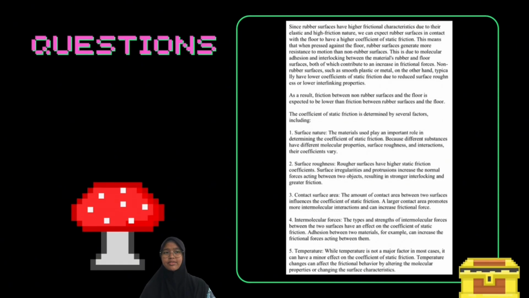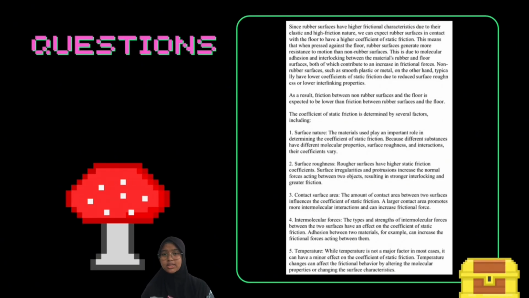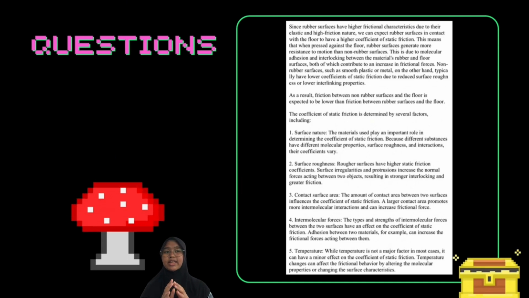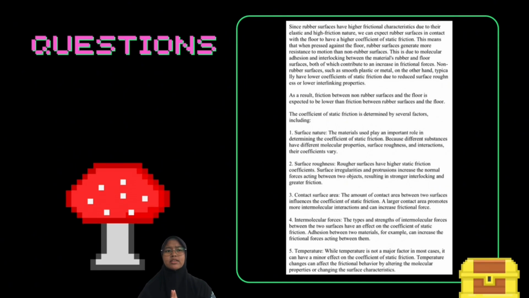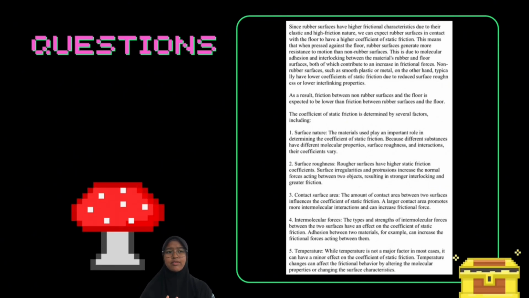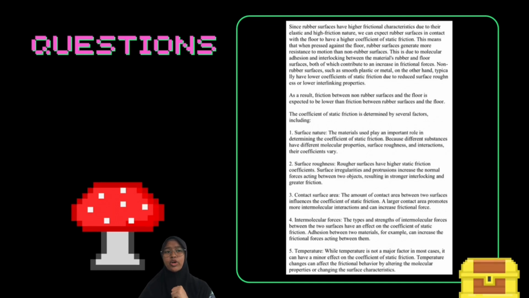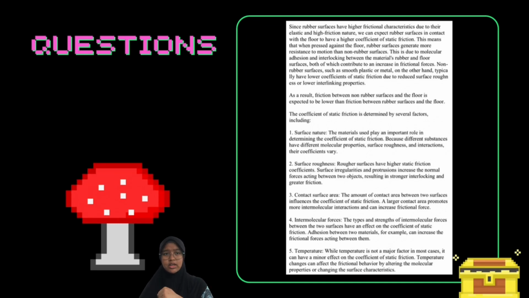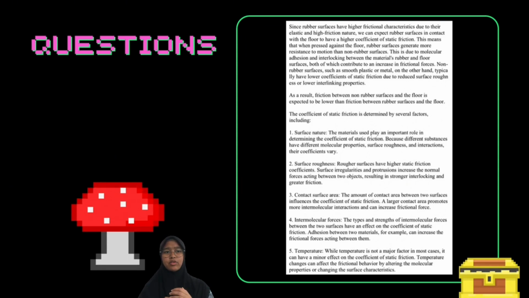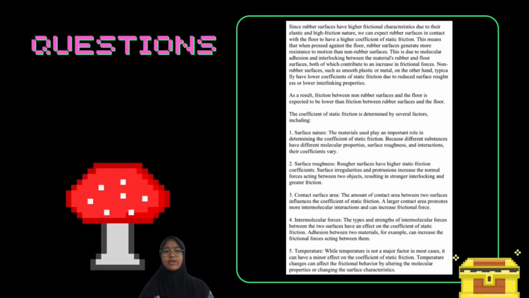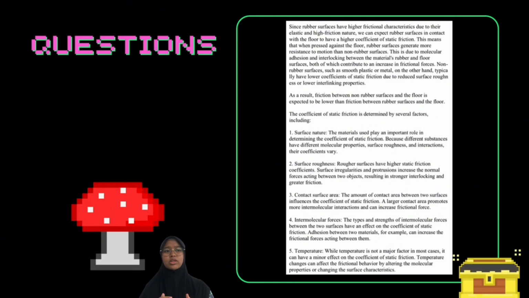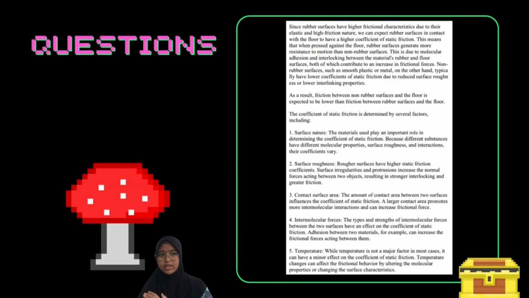Since rubber surfaces have higher frictional characteristics due to their elastic and higher-friction nature, we can expect that the rubber surface in contact with the floor will have a higher coefficient of static friction. This means that when pressed against the floor, rubber surfaces generate more resistance to motion than non-rubber surfaces.